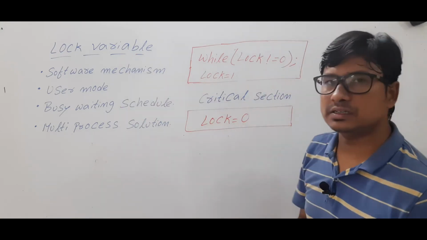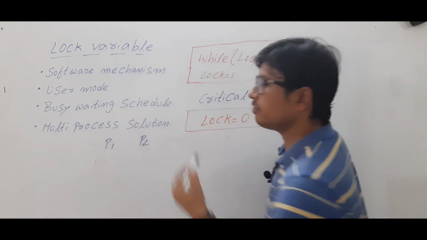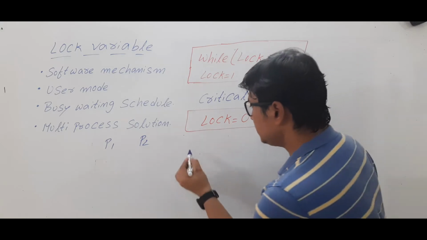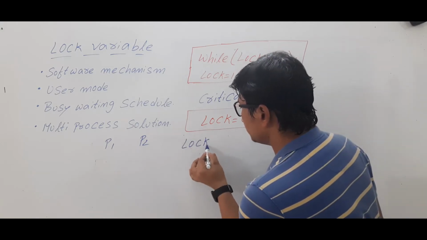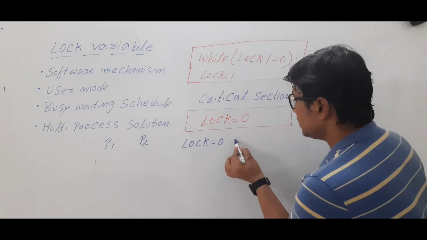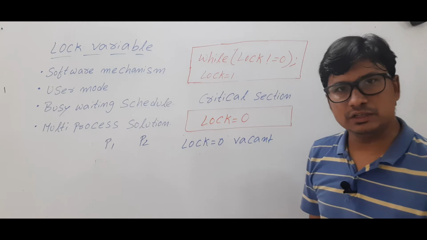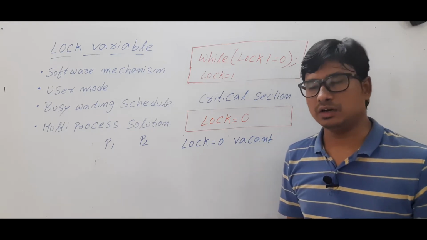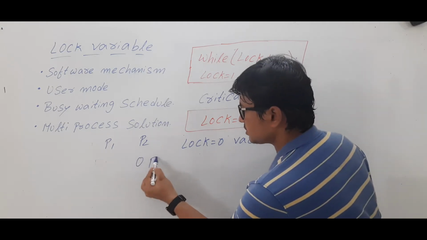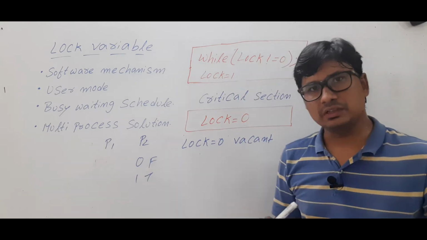Now let me discuss how the lock variable works with two processes. Initially, the lock value will be 0. If the lock value is 0, it means the critical section is vacant. We can consider it as either 0 or 1, or false or true, because 0 represents false and 1 represents true. Let me represent it using 0 and 1.